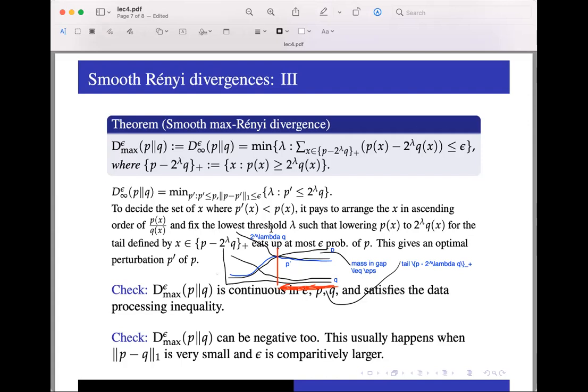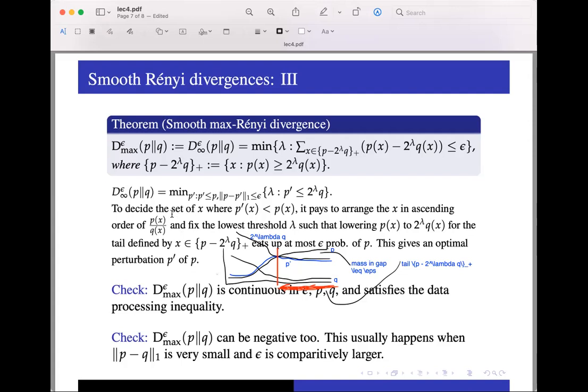Once I have identified the set of such x's, I have identified the set of x's with the largest value of P prime x by Qx. So that is this expression out here.